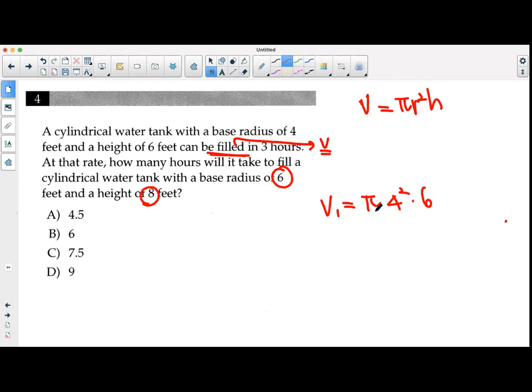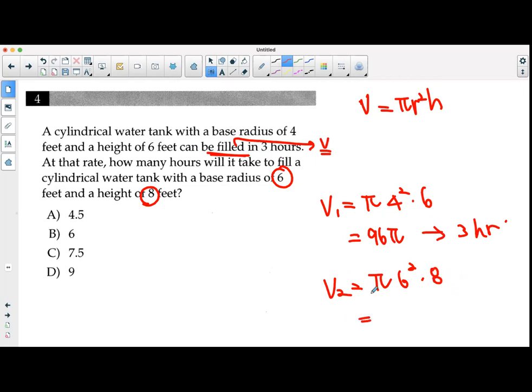So if I were to calculate this one, you will see that's 96 pi, which will get you 3 hours. But volume 2 is what? Pi and then radius is 6 feet, so 6 squared times the height of 8 feet. So that's what you could have calculated.